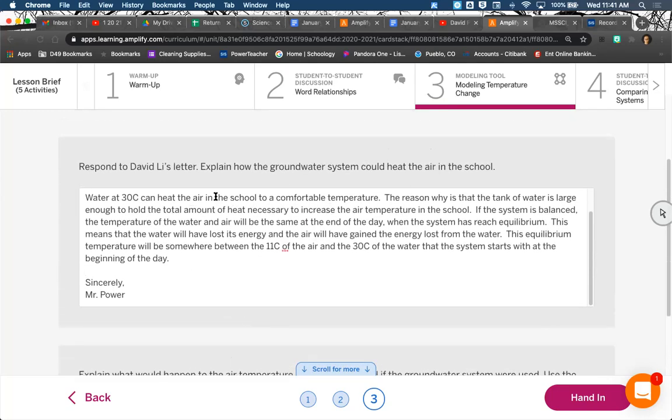So if the system is balanced, the air temperature will be the same at the end of the day when the system has reached equilibrium.